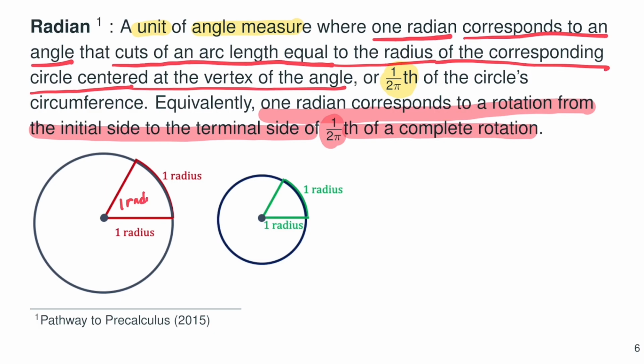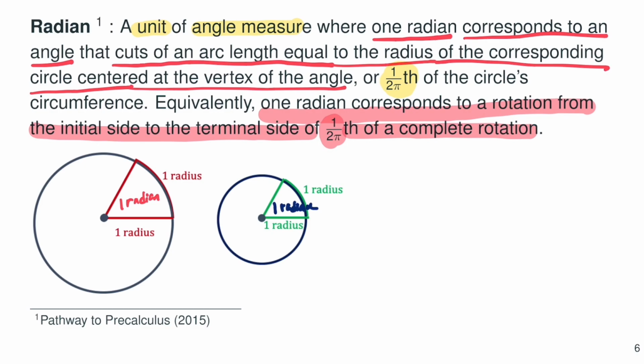And in the picture on the right, we have a smaller circle, which results in a smaller radius length and smaller arc length. But still we have 1 radian because this radius length and this arc length are the same. So this angle right here is 1 radian.